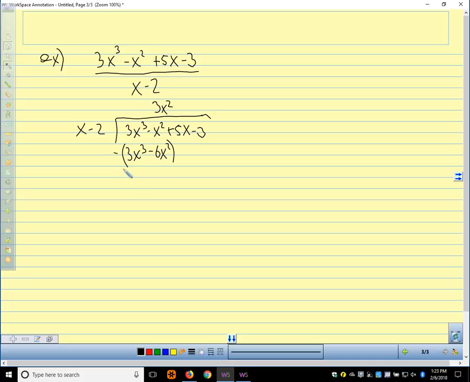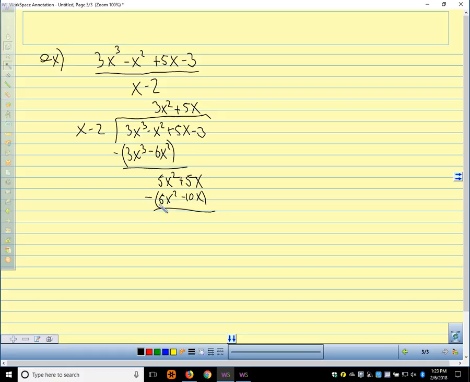I'm going to subtract. That gives me 0, and minus x squared plus 6x squared is 5x squared. I bring that 5x down. What do I multiply x by to get 5x squared? Plus 5x. Multiply. Get 5x squared minus 10x.